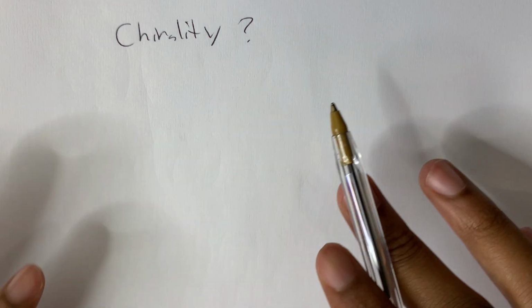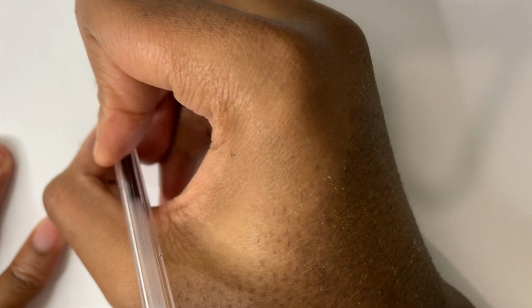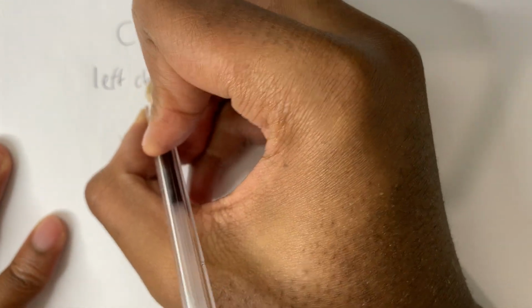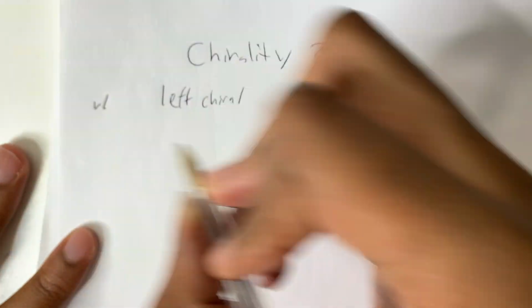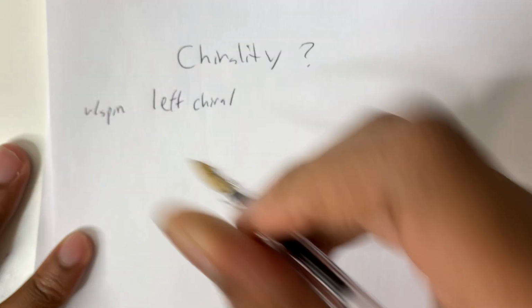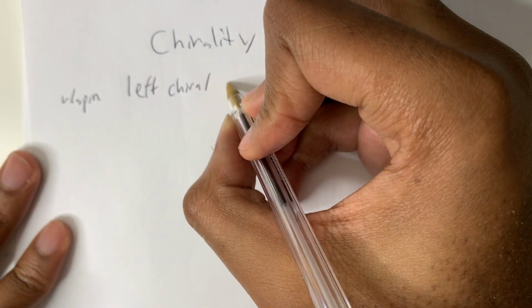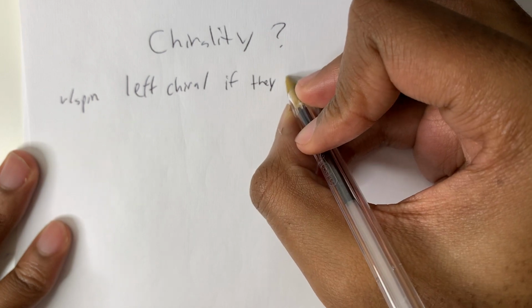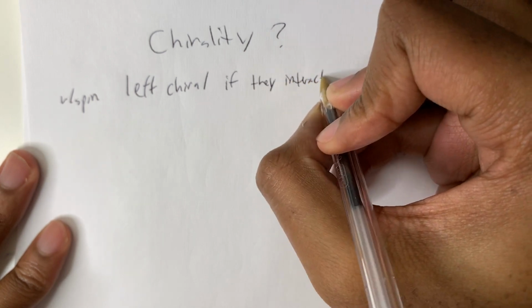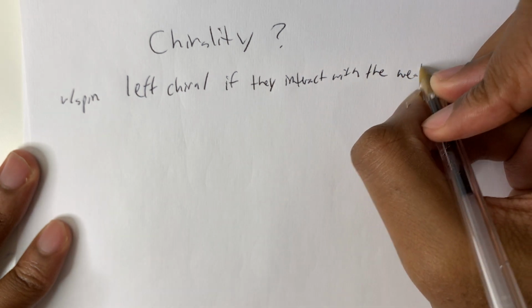And to be a bit more specific on what chirality means, we say particles with spin are left chiral if they interact with the weak force.